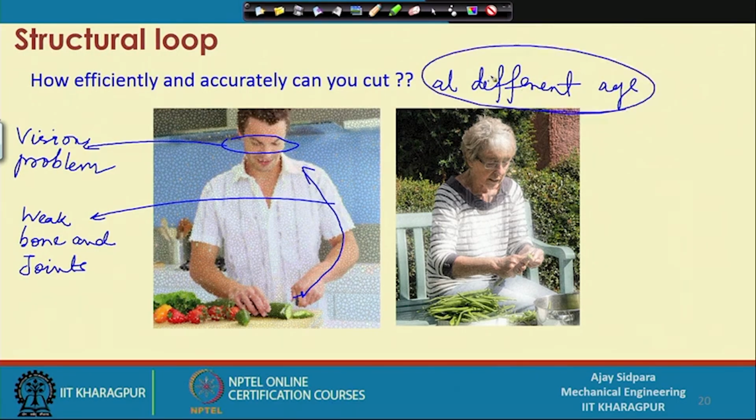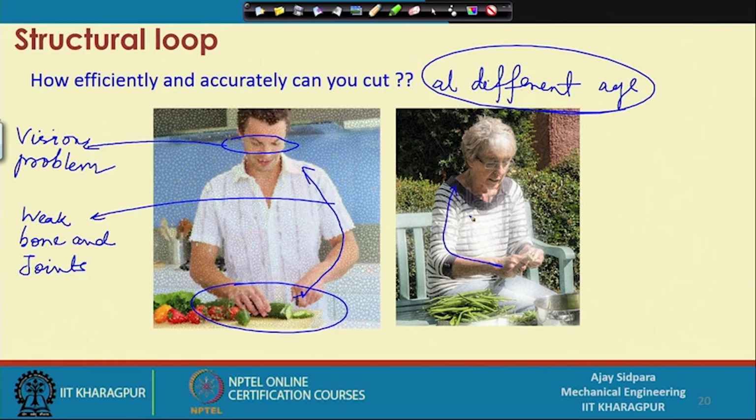So, now you can see that this person is standing, but still is able to cut. But when we become a little bit older, our strength and everything decreases and we are not able to cut as efficiently as this one. So, there are problems with the joints and everything.